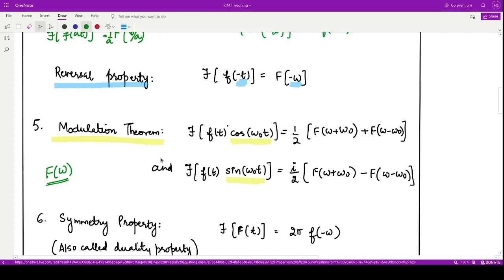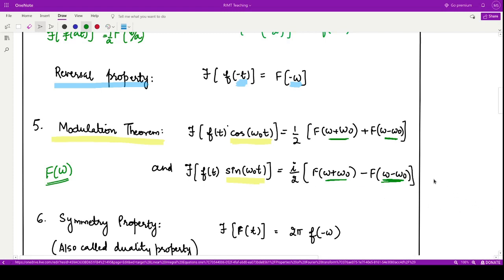First you add omega naught here, then you subtract omega naught here, then you add omega naught here, subtract omega naught here, take the sum and divide by 2, take the difference, divide by 2 and multiply by iota. You'll see in later videos how we obtain this particular quantity.